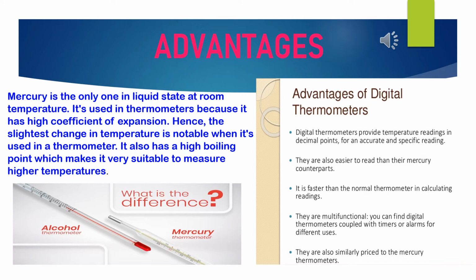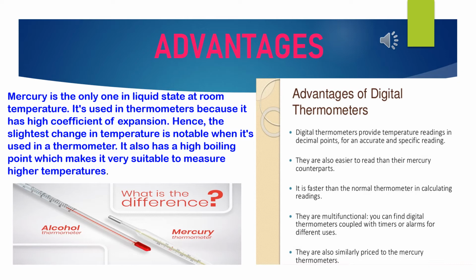And now, in the diagram, I have shown you an alcohol thermometer and a mercury thermometer. Between these two, there is an advantage of using the alcohol thermometer. What is this? See the diagram. You can see that the red colored alcohol can be easily seen from outside in a thermometer.